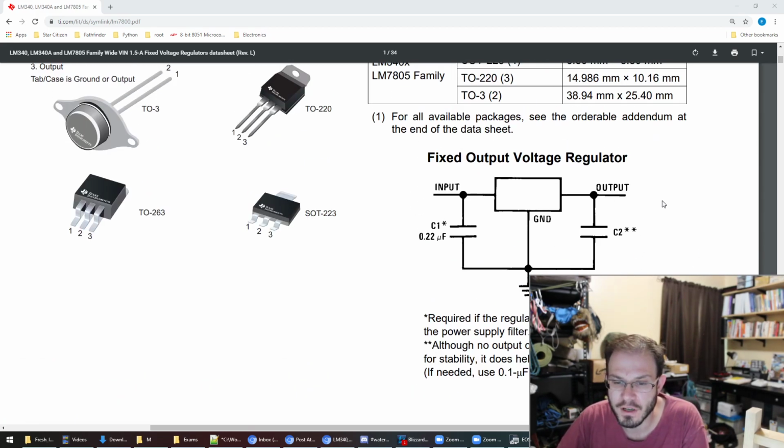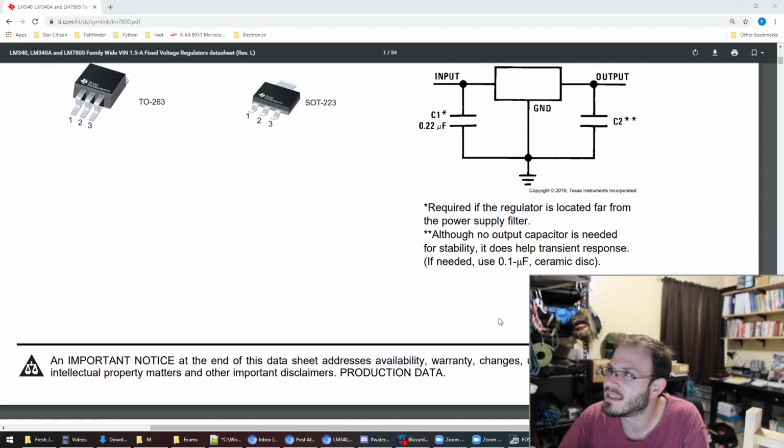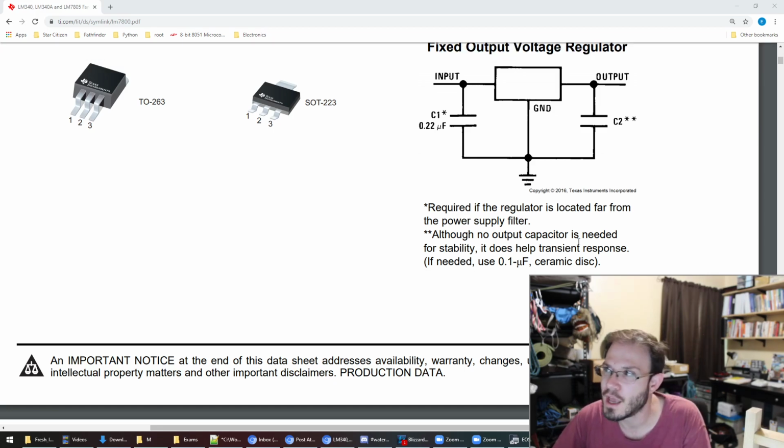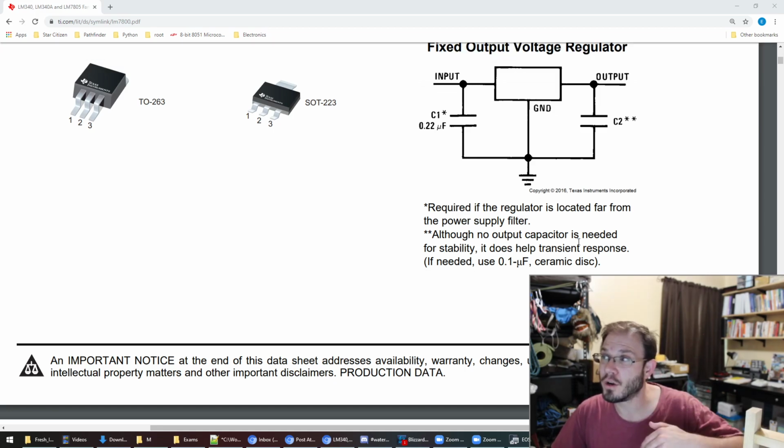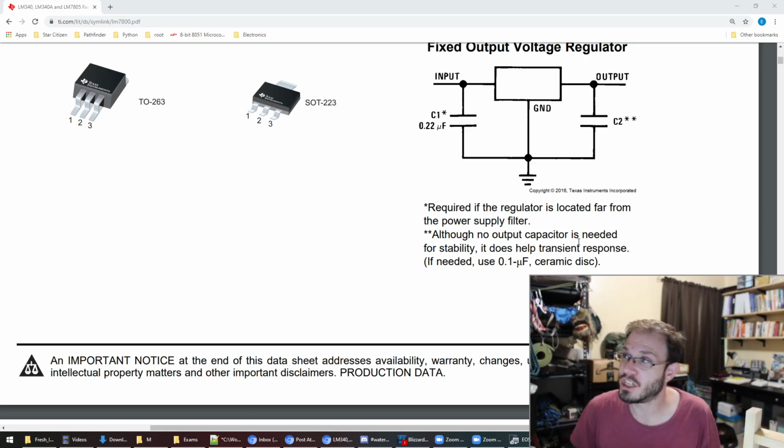Same thing for C2. It says over here, although no output capacitor is needed for stability, it does help transient response. So if our load uses a little current, then a lot of current, then a little current, those are transients. Those are changes in the load, changes in the current coming out of this device.